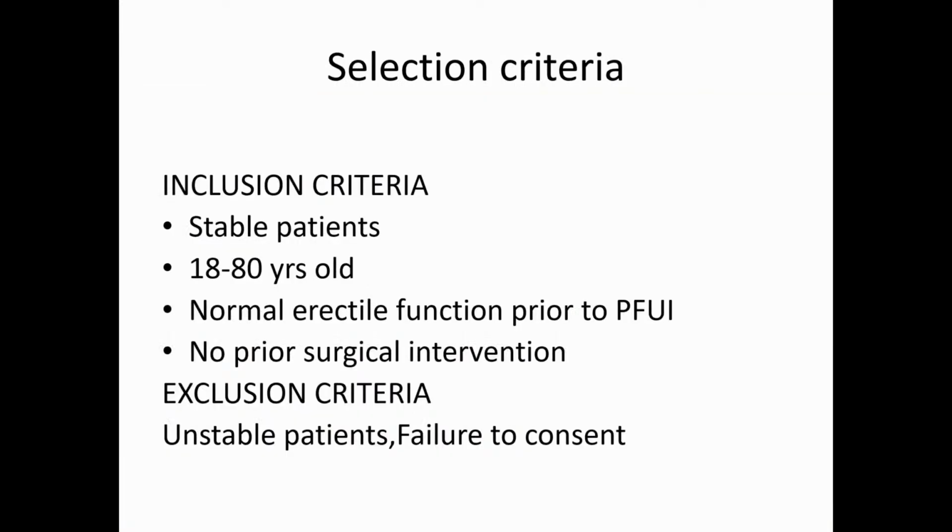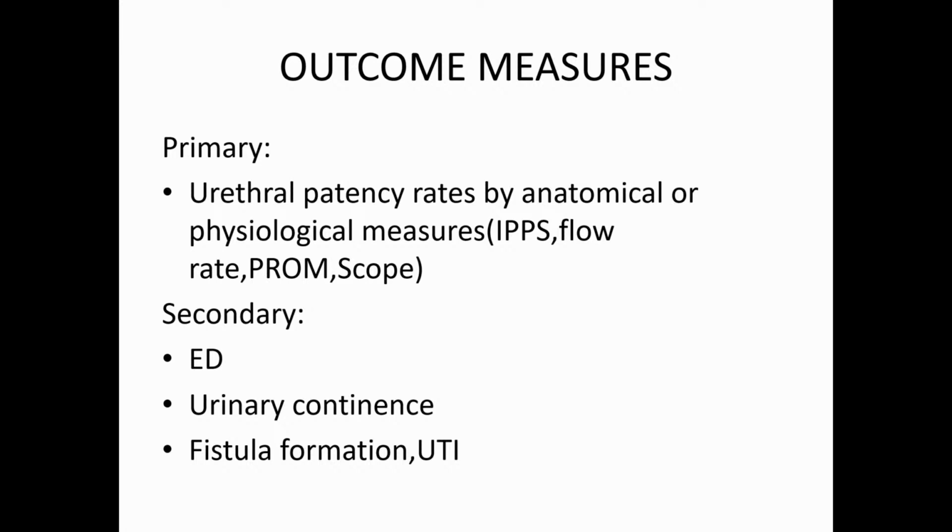The inclusion criteria was stable patients, like I've said, 18 to 80 years old, with normal erectile function. The ones who were unstable or didn't give consent were not included. And there were two primary outcome measures. Primary one was urethral patency. The second one was complications such as ED, things like UTI, fistula formation, and incontinence.